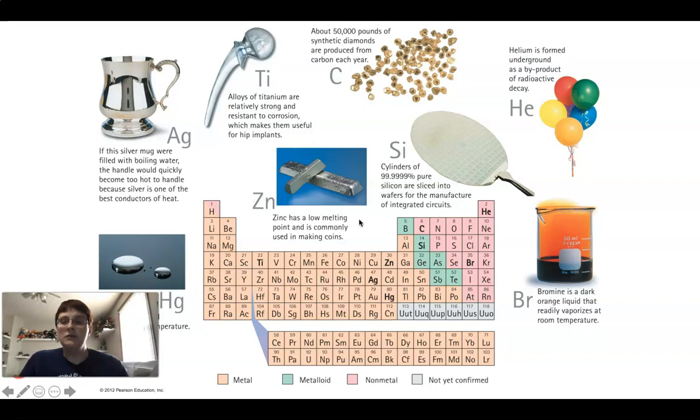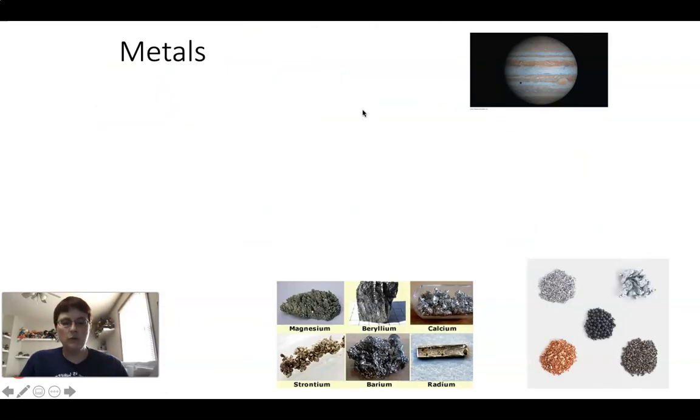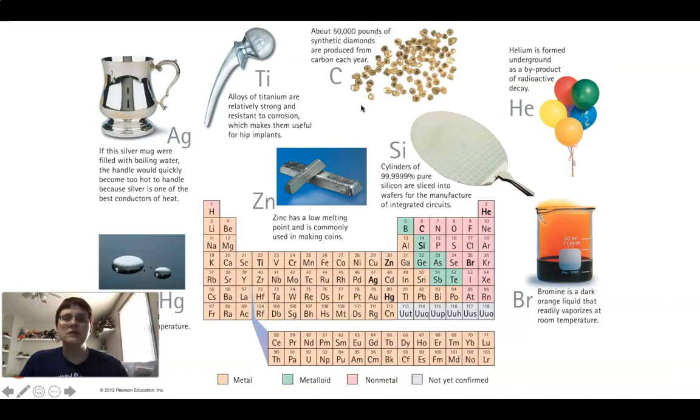Some of you may have worked with some of these. If you've done jewelry working or any sort of metal working, you've probably worked with some of the ones that are on here. Again, if you've done jewelry work, you may have worked with some version of carbon. And then helium, like I mentioned, we know these guys from balloons.